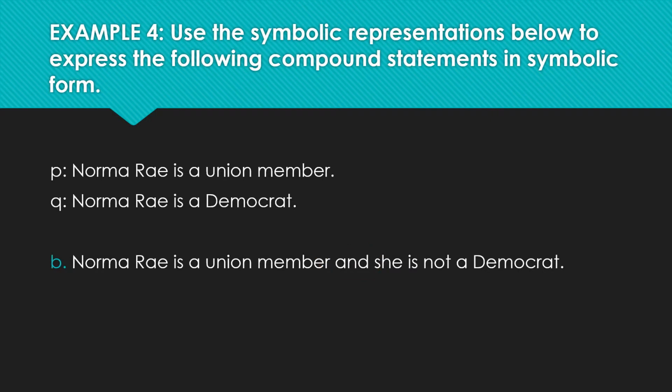All right, and then we have another sentence. It says Norma Ray is a union member, and she is not a Democrat. Kind of a similar sentence here. Once again, we have this word and, which tells us this is a conjunction. The only difference here is that we have this word not.